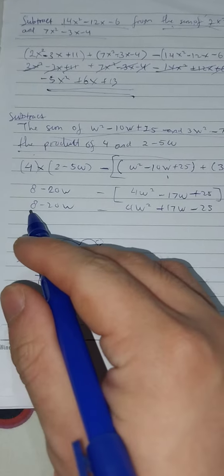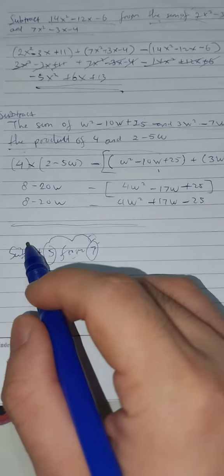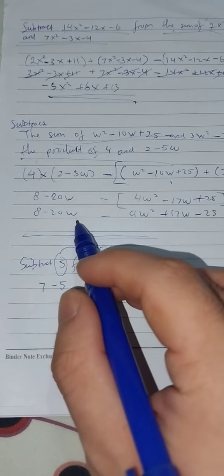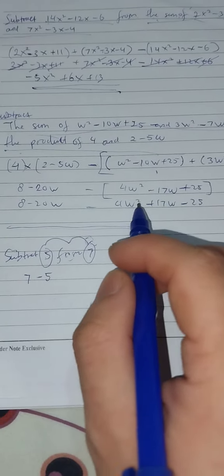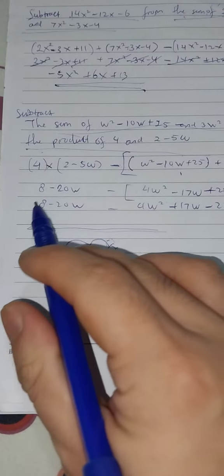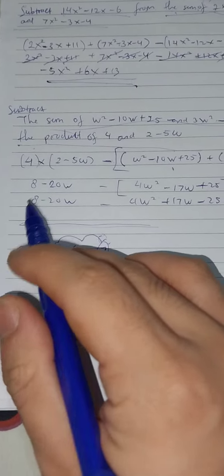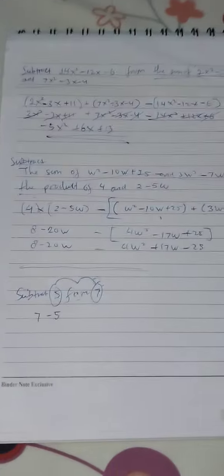And then last step, you turn it into the most simplified expression. Remember, solve term by term. So I can see that there are three kinds of terms here: the w squared term, the w term, and then the constant or the non-variable term. Simplify that. Okay.